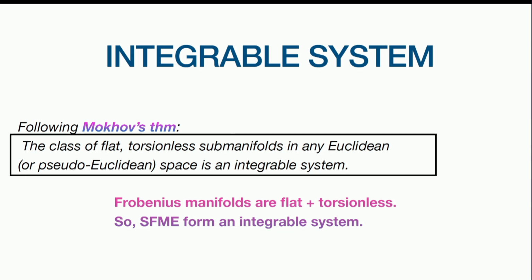And here we have good news. Frobenius manifolds are exactly manifolds which have a flat and torsionless connection. They're flat and torsionless, so that's just perfect for our setting. In other words, the statistical flat manifold of exponential type forms an integrable system. And we're done. First step, done.